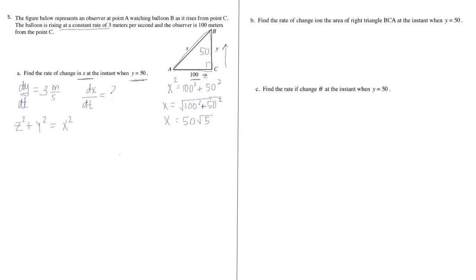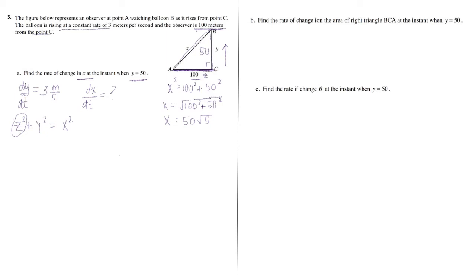And this is completely backwards from what we're used to. Now when we start doing the derivative though, this value right here is the length that that person is standing away from point C. That's not changing. It says the observer is 100 meters from point C.